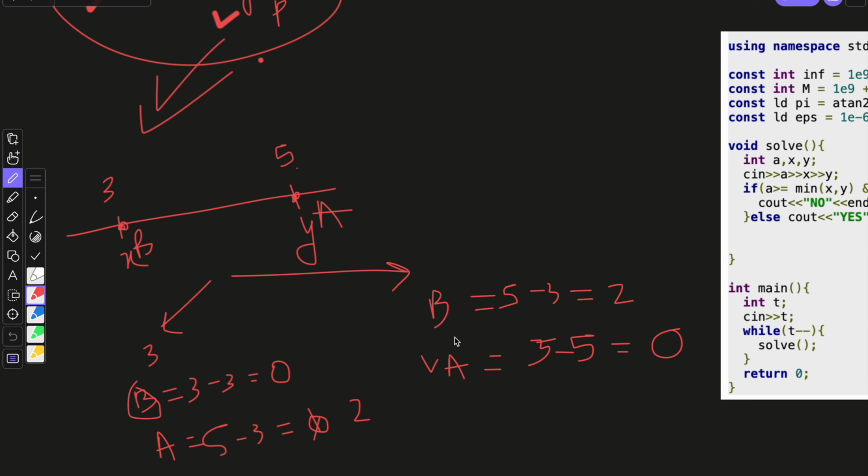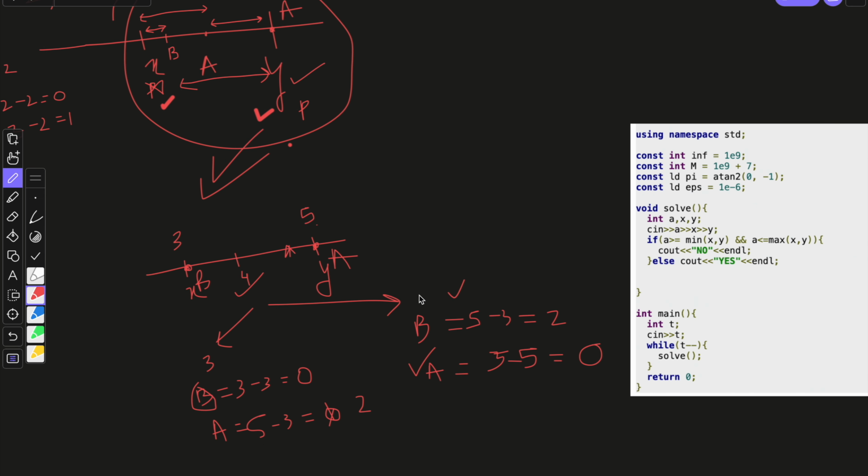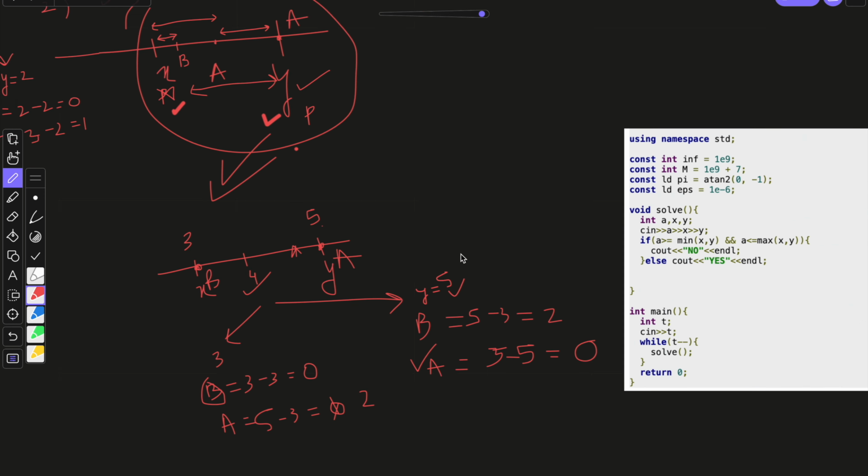So here Alice will win, no matter the position of Bob. If Bob is here or if Bob is at the 4th position, it doesn't matter. He is going to lose in this case when y equals 5 is the position of the price.